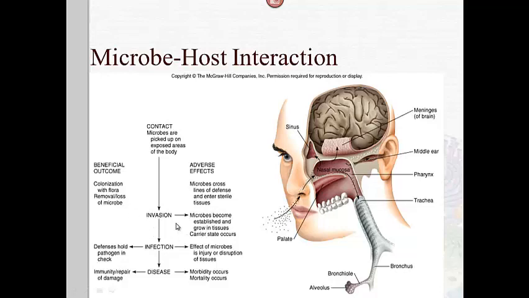If they're able to produce an invasion, then infection will occur and of course the disease. Why? Because it will be a disruption of the tissue and in addition immunity as well. So once the host gets into the disease process, the morbidity and mortality percentage will be elevated.